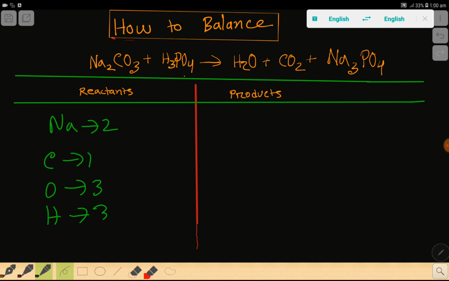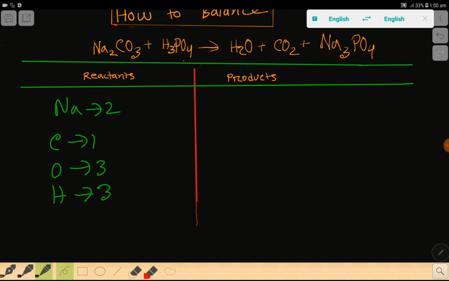which is 3. Look, PO4 is on the left hand side, and on the right hand side we also have PO4. So we can consider PO4 as a whole unit.